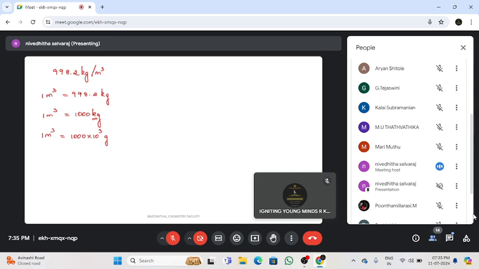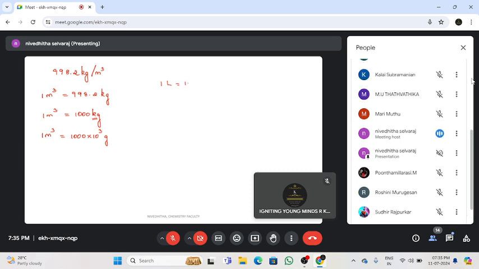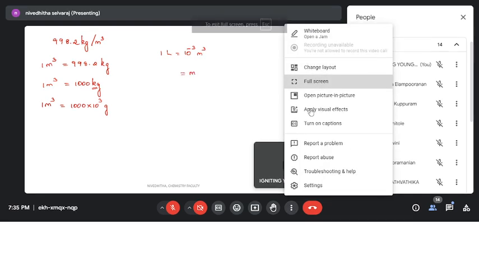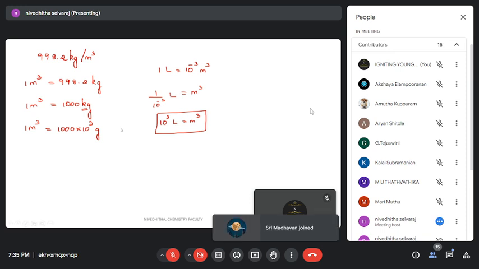What is the relationship between meter cube and liter? 1 liter is equal to 10 power minus 3 meter cube, or 1 meter cube is equal to 1 by 10 power minus 3 liters, or 10 power 3 liter is equal to 1 meter cube. Am I right? Yes, ma'am. So instead of 1 meter cube, I can write 10 power 3 liter, which is equal to 1000 into 10 power 3 gram.